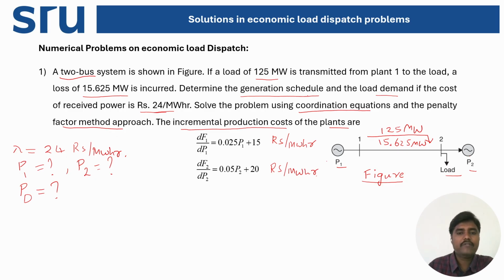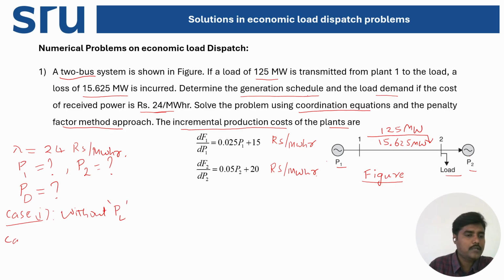So the coordination equation here is, as a part of the solution, first you have to identify whether this problem belongs to case 1 or case 2. In my opinion, case 1 is nothing but without PL, without power transmission loss.